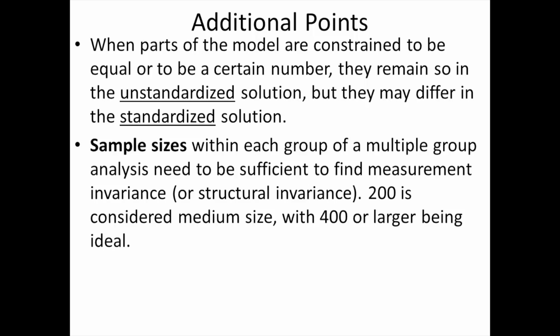But if we split those into two groups of 100 boys and 100 girls, and we still have 20 observed variables in our model, it's probably not going to run. We're going to need something like 10 observed variables for each group. So be aware that sample size is an issue.